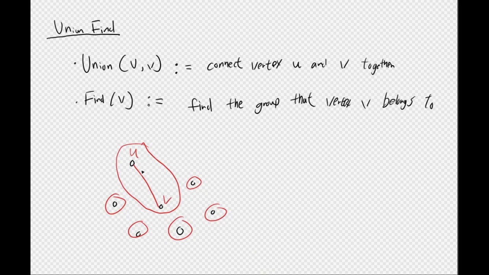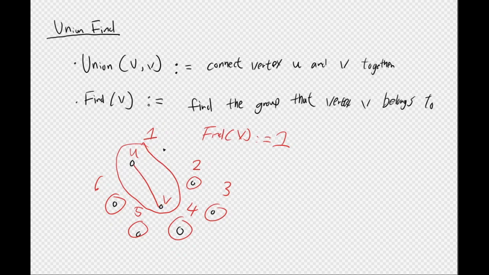For example, each group will have a label. You can imagine this might be 1, 2, 3, 4, 5, 6, and if I apply find V here, it will return 1 because this is the group that this V belongs to.